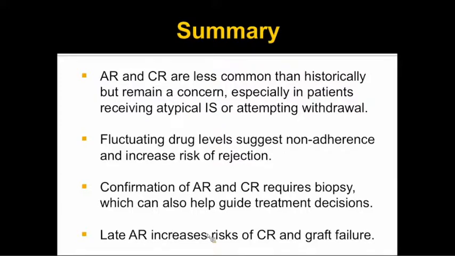But in most patients, in many situations at least, confirmation of rejection requires biopsy. And that can also help guide some treatment decisions, looking at the severity of the different components of rejection, as I've shown you. And late acute rejection does appear to increase your risk of chronic rejection and graft failure, but I think the jury is still out for whether early acute rejection adversely or positively affects outcomes.